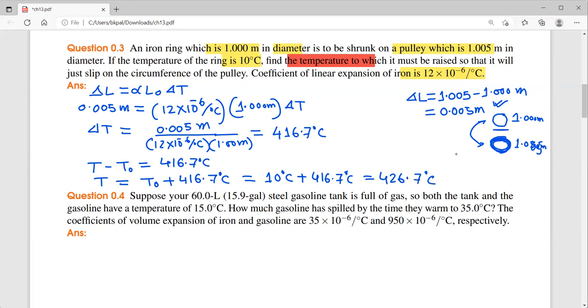So the ring needs to be heated up to 426.7 degrees Celsius. If you want to fit this ring on the pulley, we have to increase the temperature, and that final temperature is 426.7 degrees Celsius. All right.